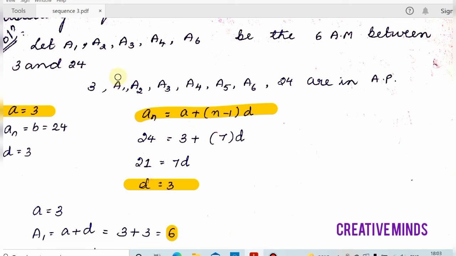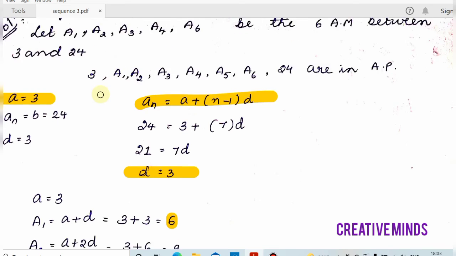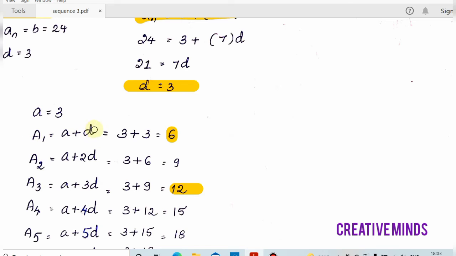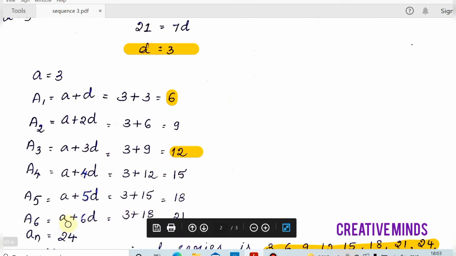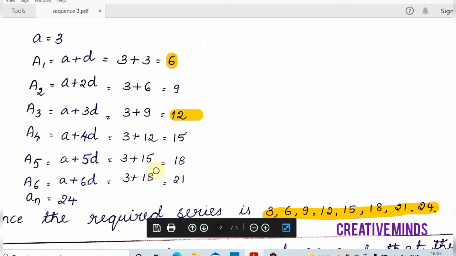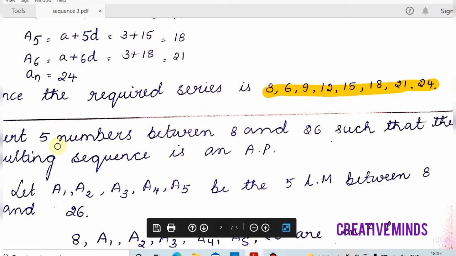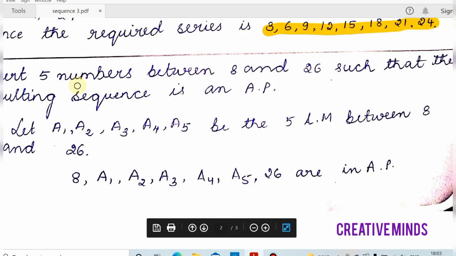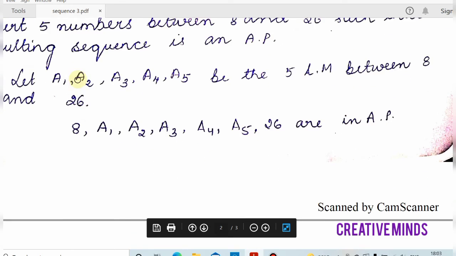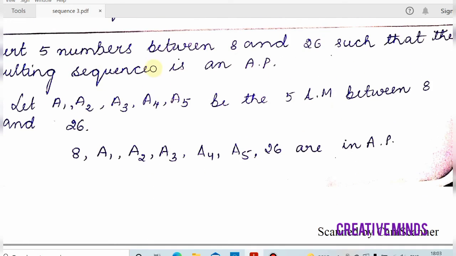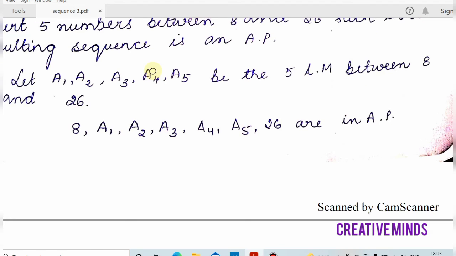A plus 2 into the common difference is equal to the next term. So we write like this: A1 is equal to A plus D, A2 is equal to A plus 2D, and so on up to A6 is equal to A plus 6D. Now move on to the next problem, which is similar to the above problem. You can try this.